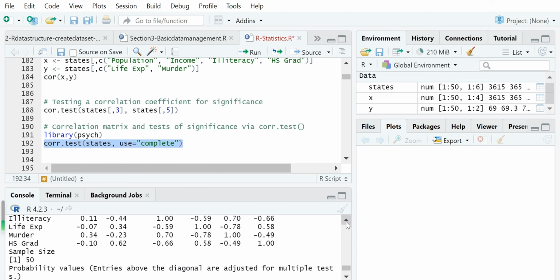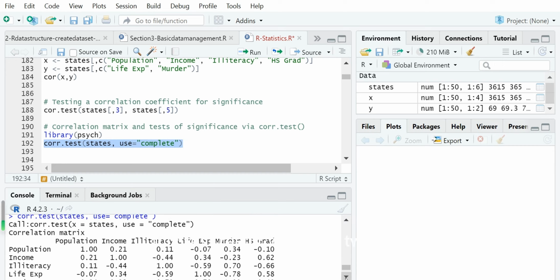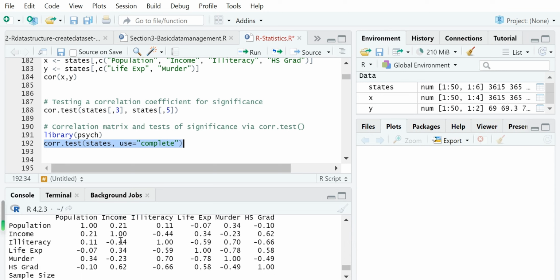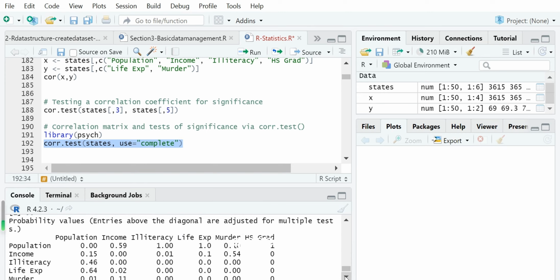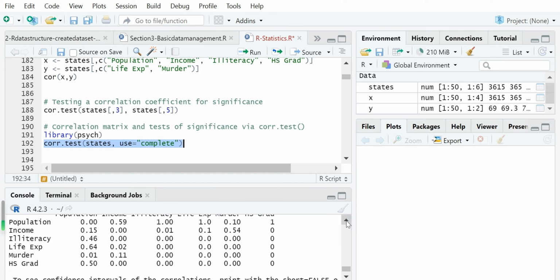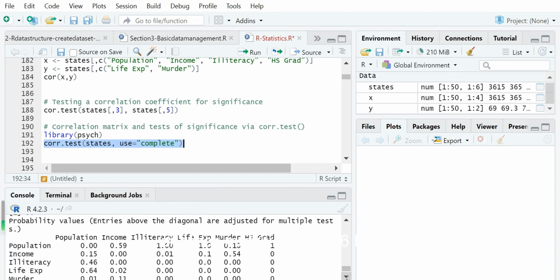So this test result will show two parts. The first part is the correlation matrix between variable pairs, 6 rows by 6 columns, for all correlation coefficients between variable pairs. And the next part is another matrix, also 6 by 6.